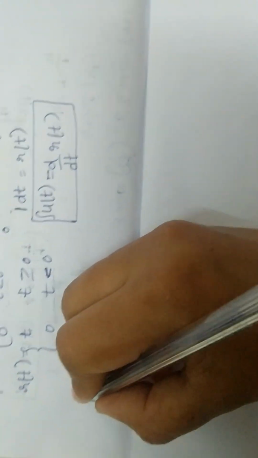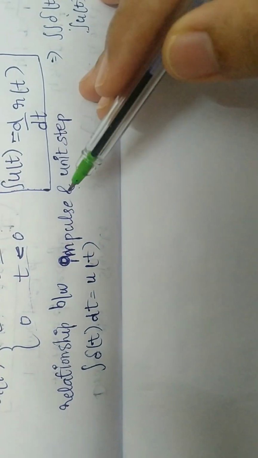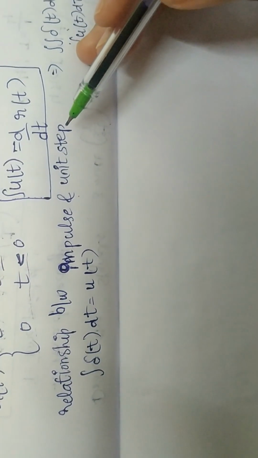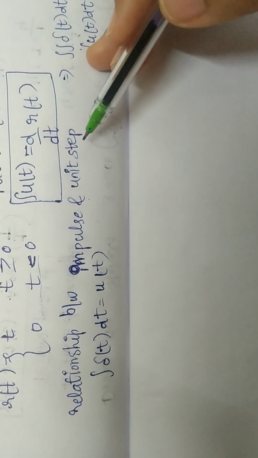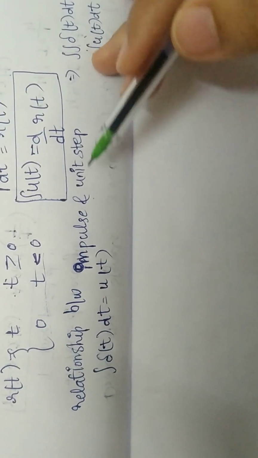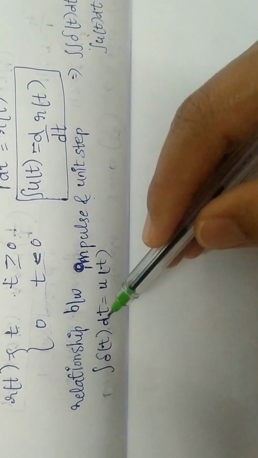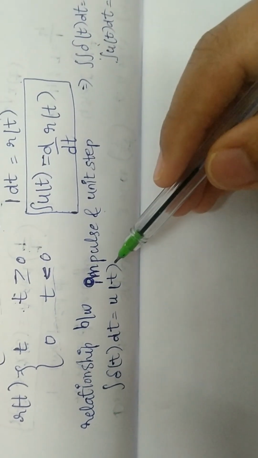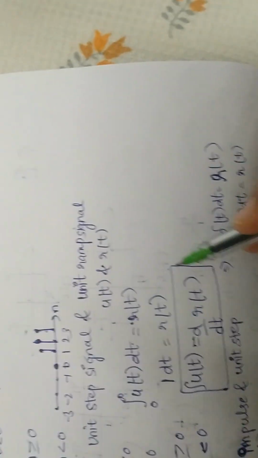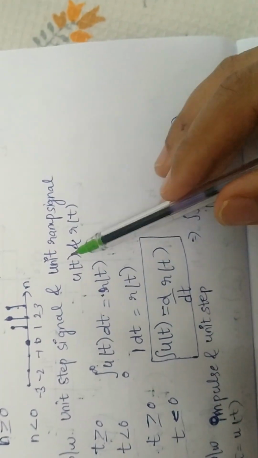Now I am taking the relationship between the impulse and the unit step function. This is also very important when using the Laplace transform. The integration of del of t into dt is equal to u of t. So we can derive the relationship between the unit step signal and the unit ramp signal.